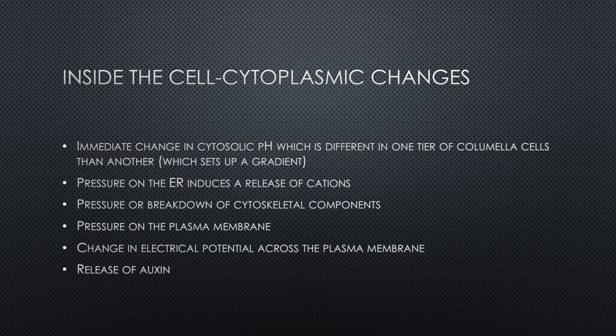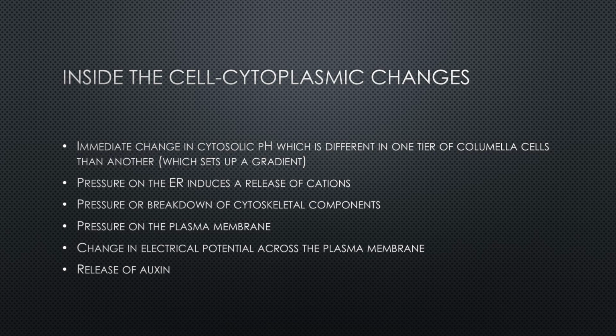So inside the cell, we have several cytoplasmic changes that are occurring then. As we said, we had the immediate change in cytosolic pH, and as I mentioned, that differs from one tier of columella cells than the other, and that sets up a gradient of changes in pH across the organ or across the root itself.